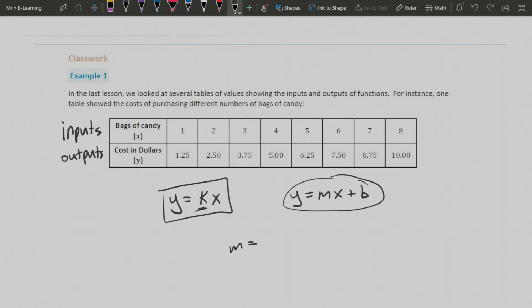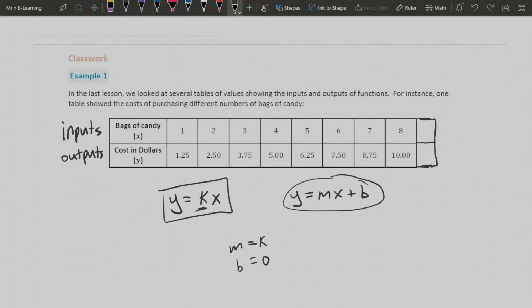But how do these two equations relate? I argue that this equation is just this equation, but our slope is now that value k. So another word for the constant of proportionality is just slope.